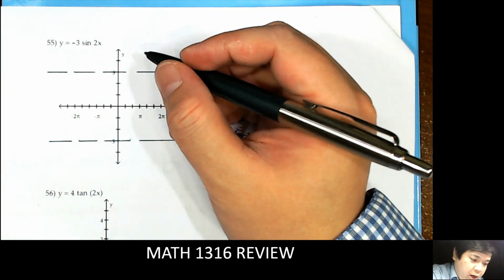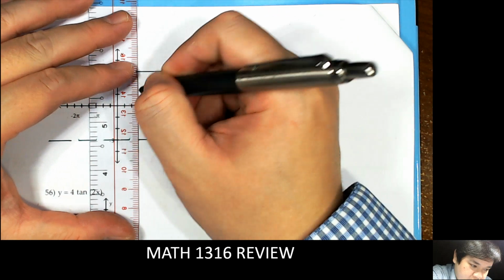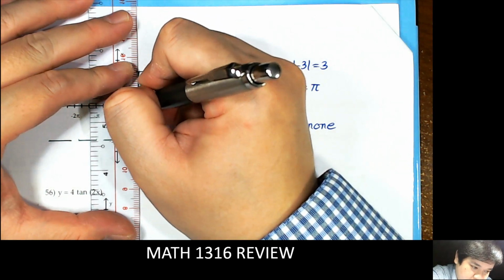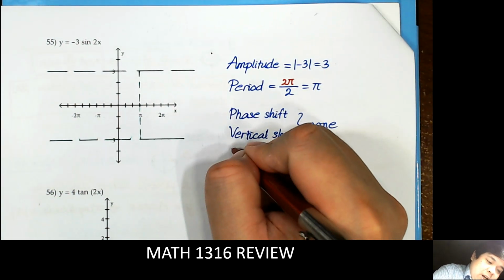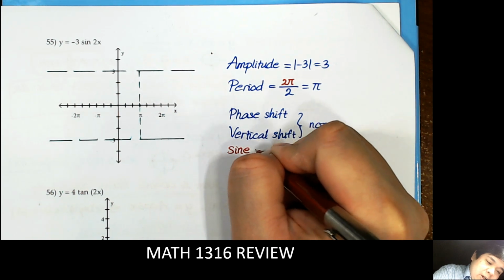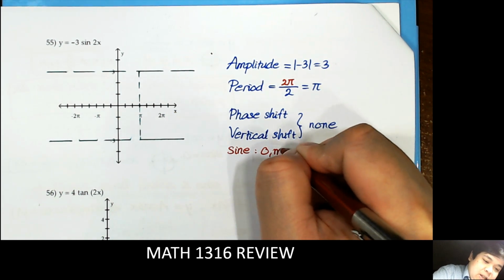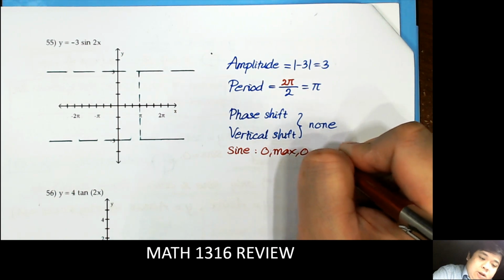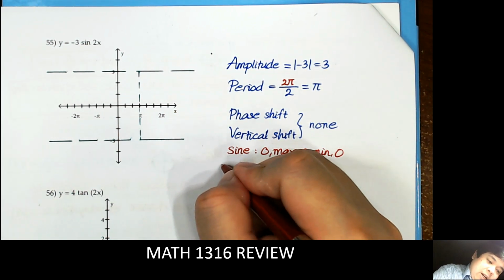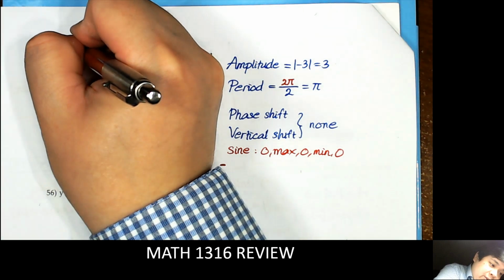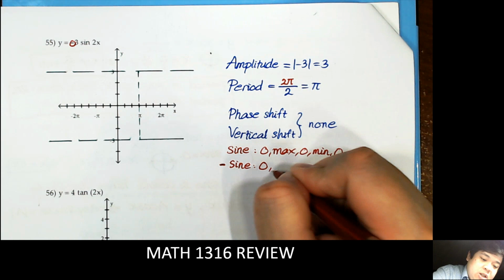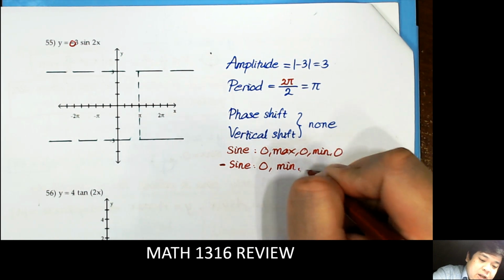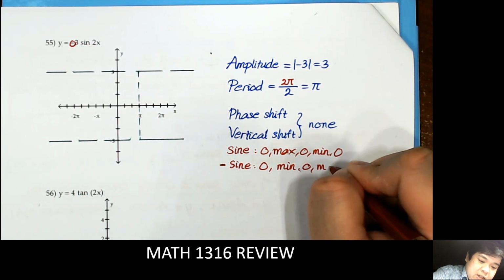So from 0 to pi, this is 1 period. And this is the sine pattern. The sine in general is 0, max, 0, min, and then back to 0. And this one has the negative sign. We're going to flip this upside down. 0 is still 0. Max becomes min, and min becomes max.